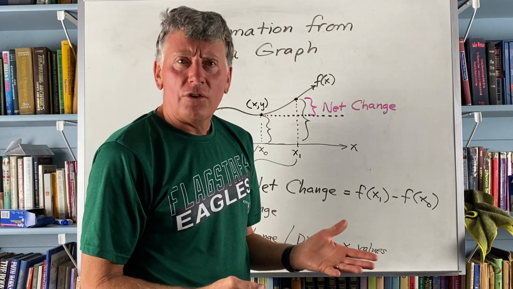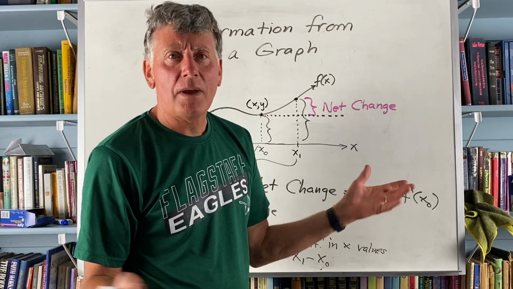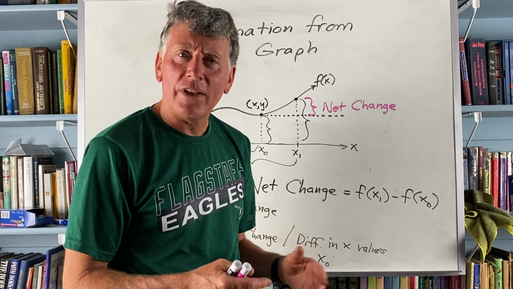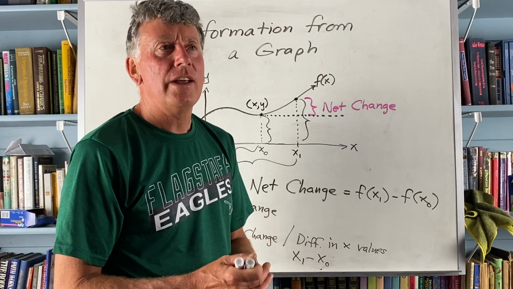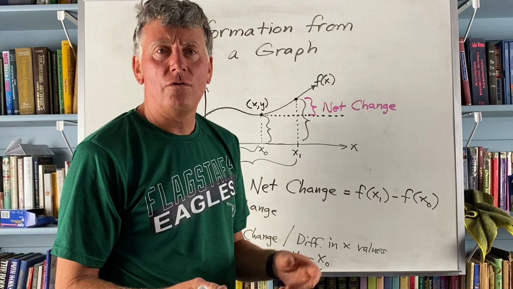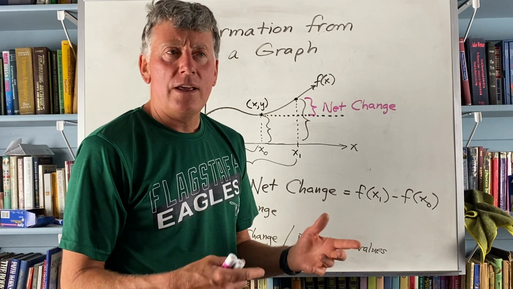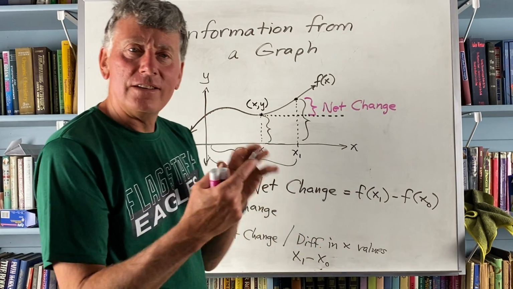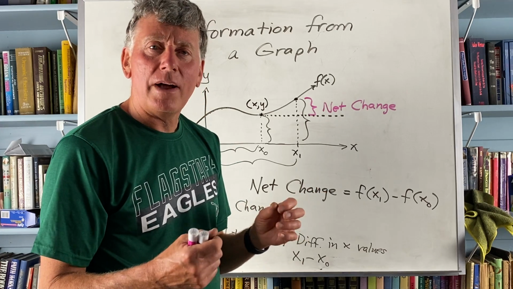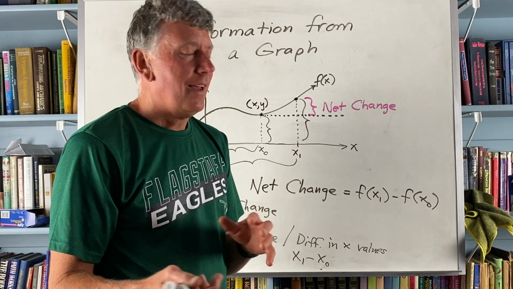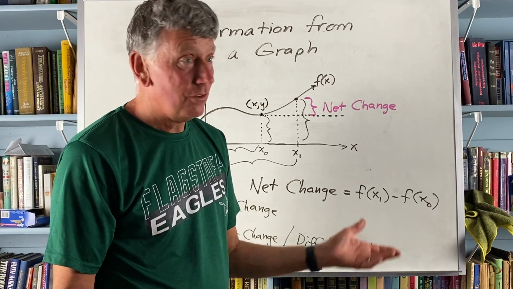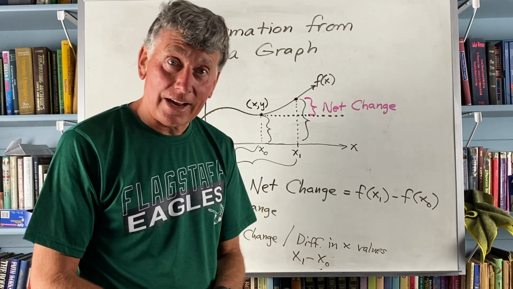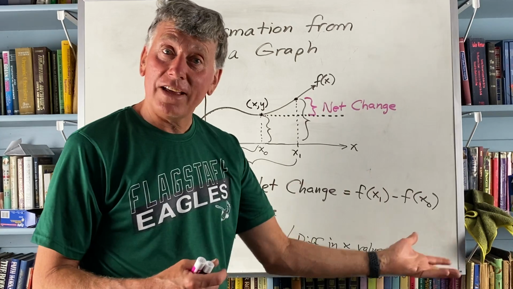You do this when you drive to Phoenix. It's about 120 miles from Flagstaff to Phoenix. You get there in an hour and 35 minutes. You basically are taking the distance and dividing it by the time, and that's exactly the same thing. You get this average rate of speed. You get about 73 miles an hour. You're going to be going faster sometimes.